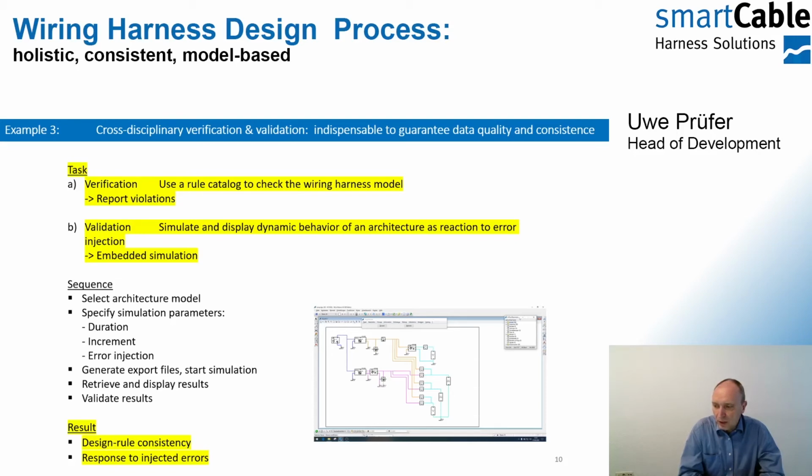One is the verification, using a rule catalog to check the wiring harness model, or the validation, to simulate and display dynamic behaviors on an architecture as a reaction to an injected error. The result is that you have the design rule consistency and the responses to injected errors are shown.